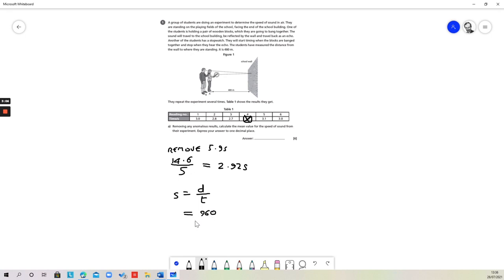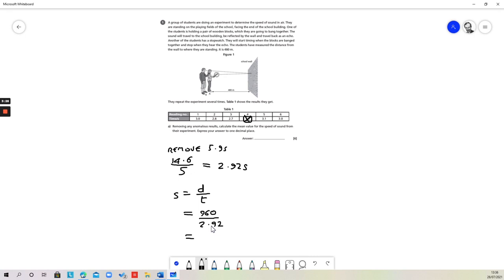960 meters. The time interval, we're going to use our value for the mean time, and that's 2.92 seconds. So what we can now do is to divide that, and the answer comes to, and remember that we've been told that it's to 1 decimal place.